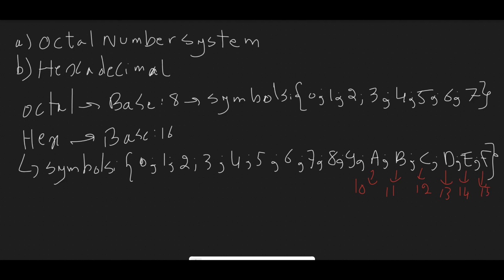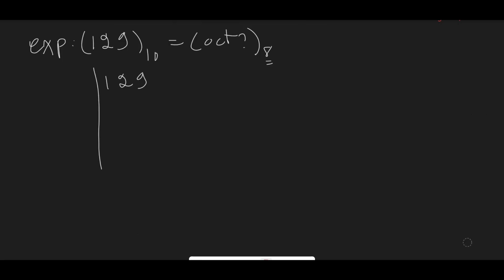So now let's learn how to convert from decimal to octal number system and also from decimal to hexadecimal number system. We want to convert 129 from decimal, which is base 10, to octal, which is base 8. To convert from decimal to octal, we follow the same process as converting from decimal to binary, keeping in mind the base is 8.